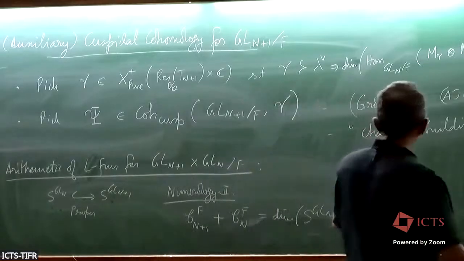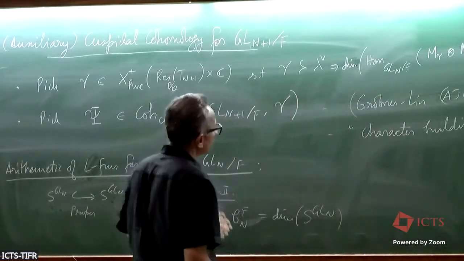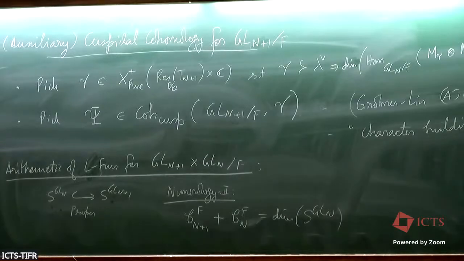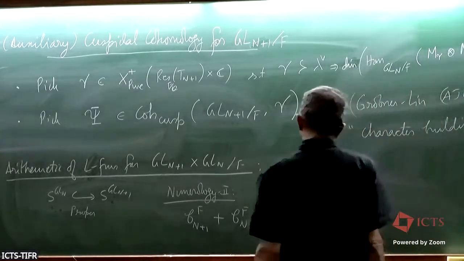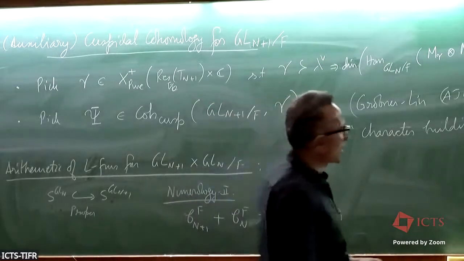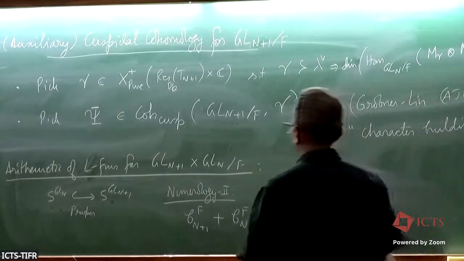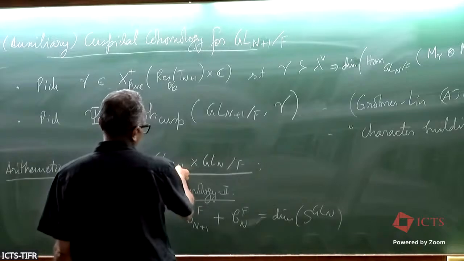That number has to do with the L value at hand. And using the fact that Poincare duality works rationally, one can prove rationality results for L functions, Rankin-Selberg L functions for two successive GLs.